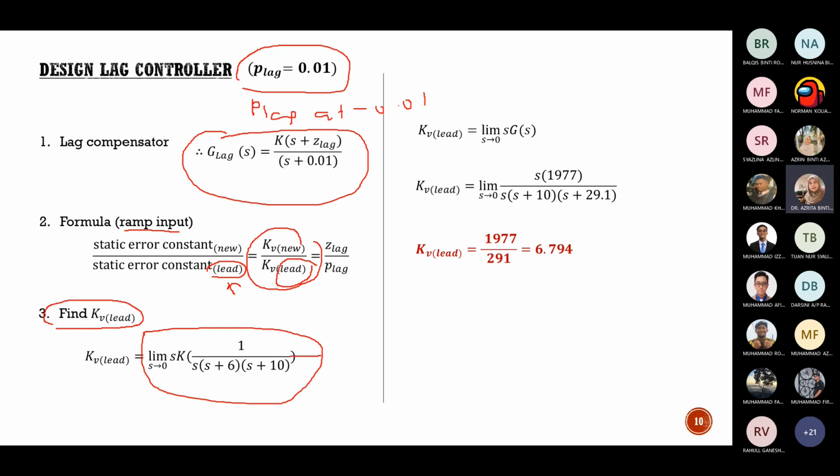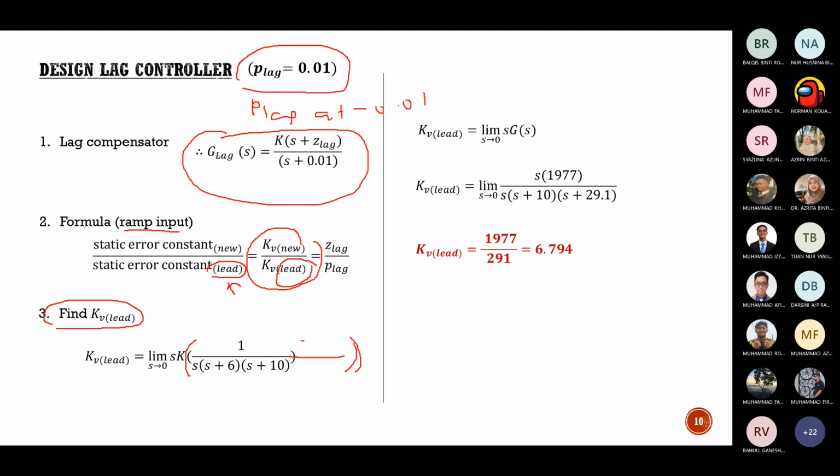So actually, I need to put something. So here there is a small error. So we have, sorry. So this is G(s), only for the G(s), but for the KV lead, we need to include the transfer function from the lead compensator.